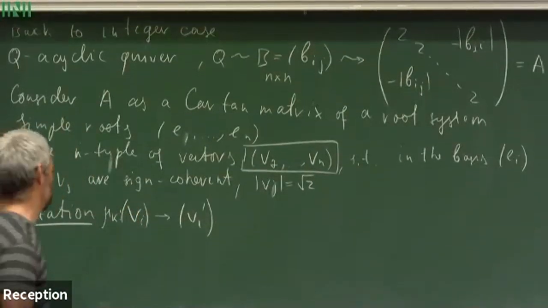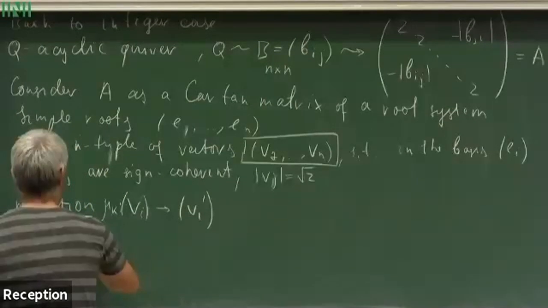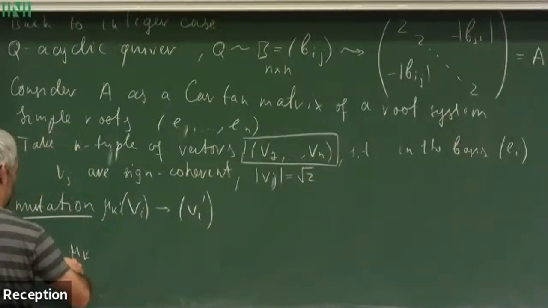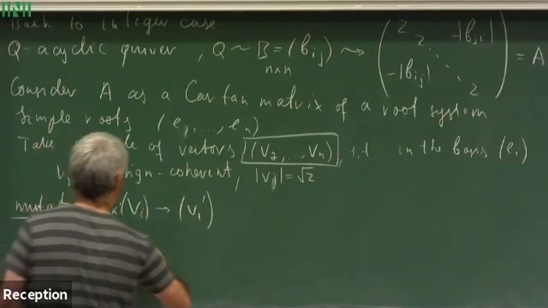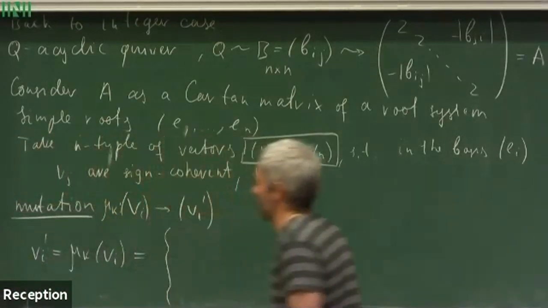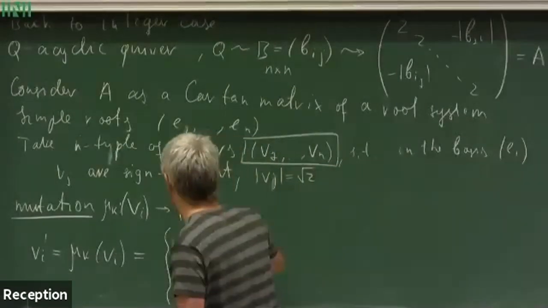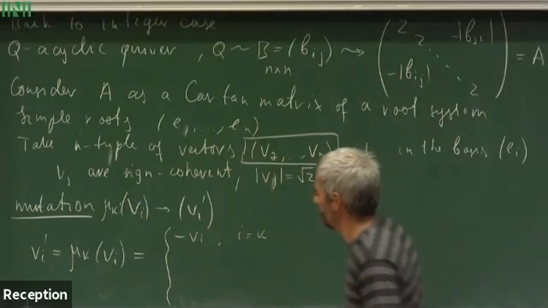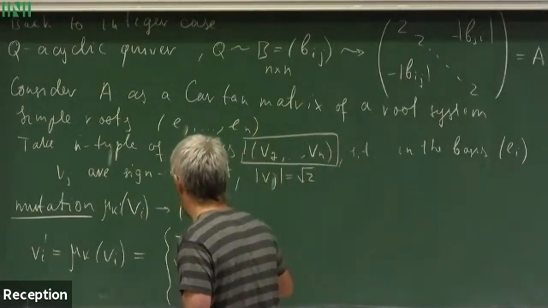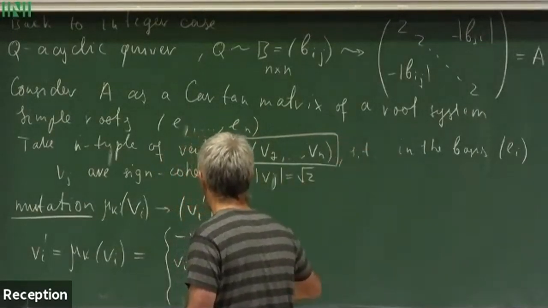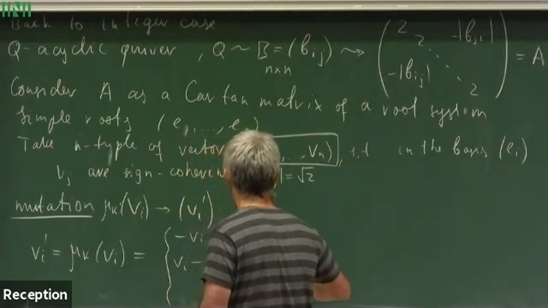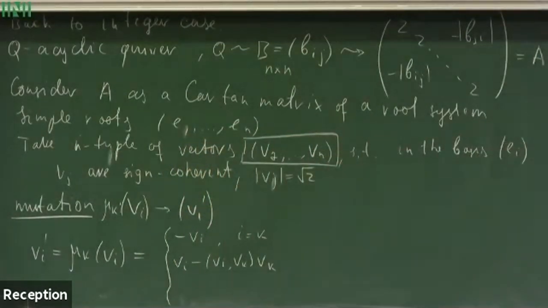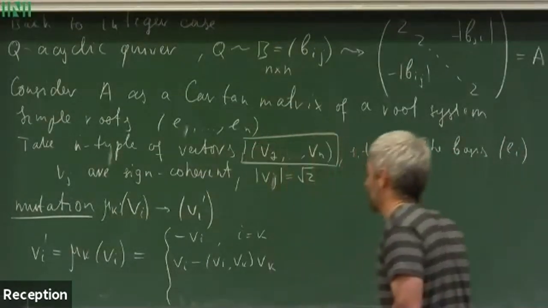The rule will be the following. μk of Vi is equal to minus Vi if i is k, and otherwise the reflection of Vi with respect to Vk in the following two cases.